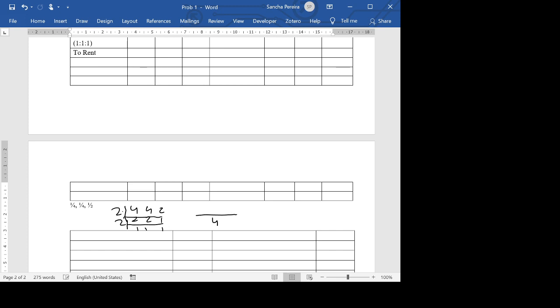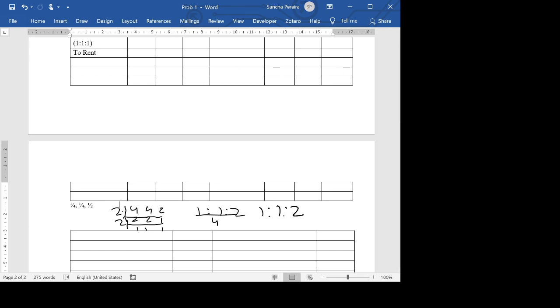4 into what gives you 4? 4 into 1, so 1. 4 into 1, so 1. And 2 into what gives you 4? 2 into 2, so 2 into 1 gives you 2. I hope this is understood and I hope you know this.